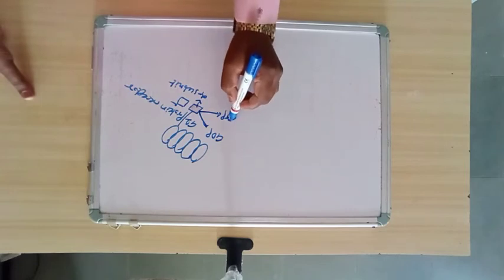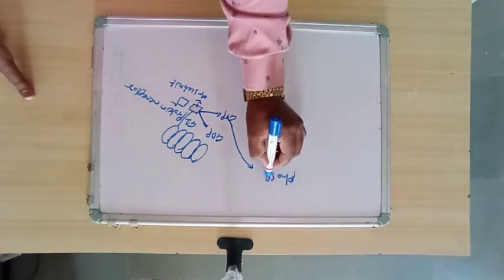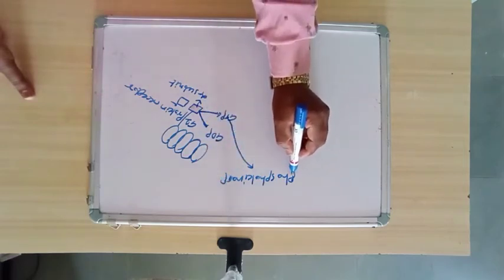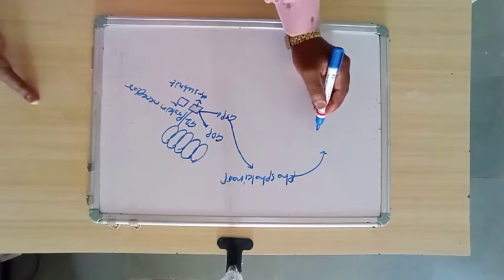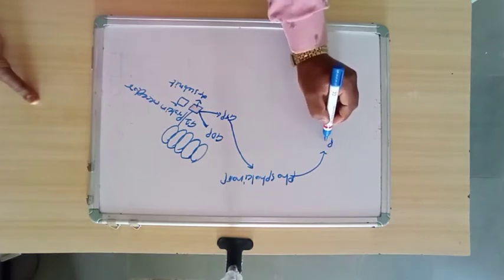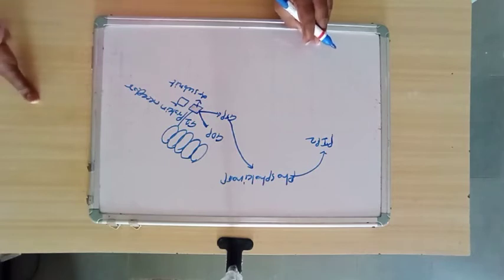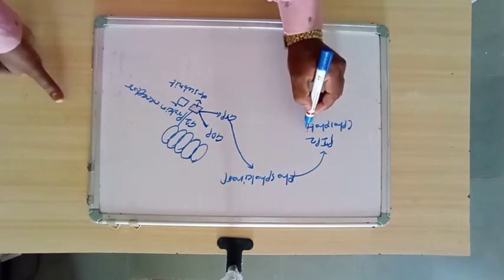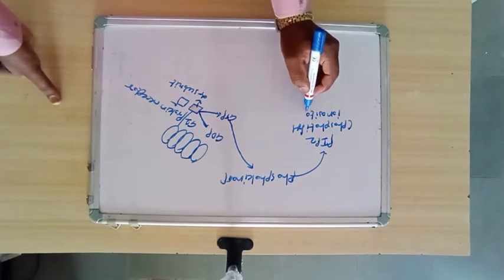Then this GTP activates the phosphokinase, and this phosphokinase activates PIP2, that is phosphatidyl inositol biphosphate.